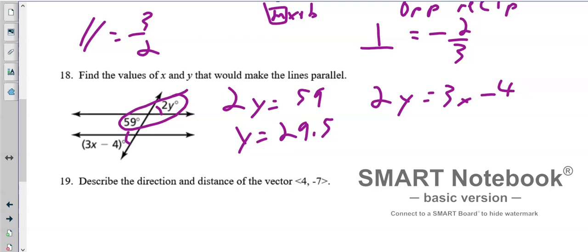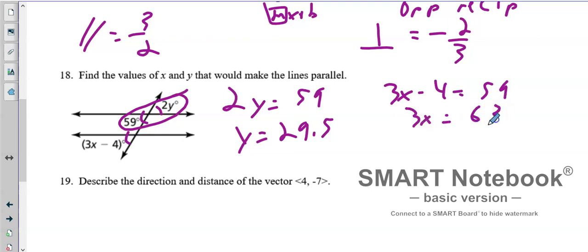But we also have corresponding angles. So we can say 3x minus 4 equals 59. Now we just do the algebra. Add 4 to both sides, and we get 63. Divide by 3, x is 21.